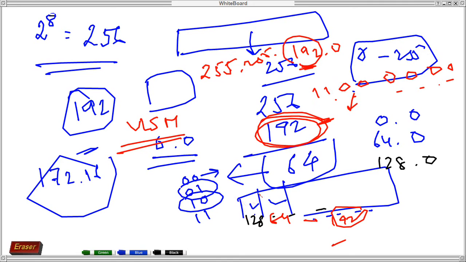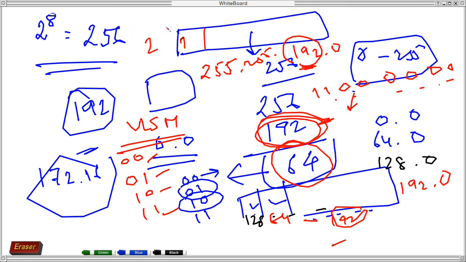Here in this case also, for these 4 subnets, the values will be multiples of 64. That is what I was calculating as block size. How many subnets? I have borrowed 2 bits, so 2 to the power 2 equals 4. The multipliers will be 0, 1, 2, 3.